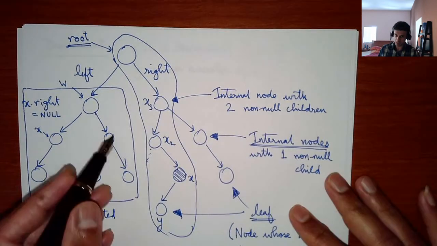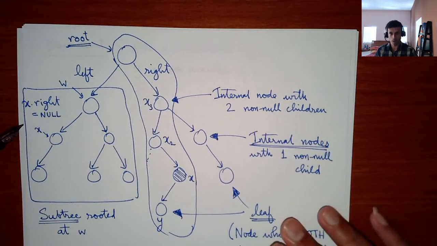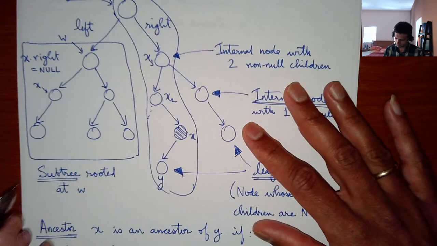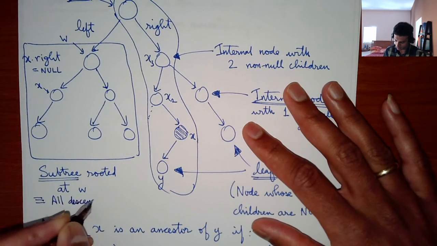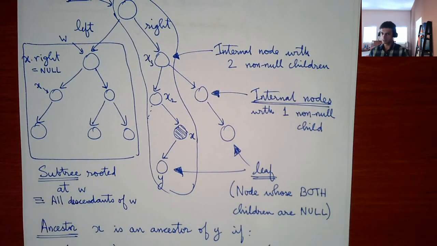All the nodes in this box are descendants of W. Indeed, the subtree rooted at W is formed by all the descendants of W, put together as a tree.